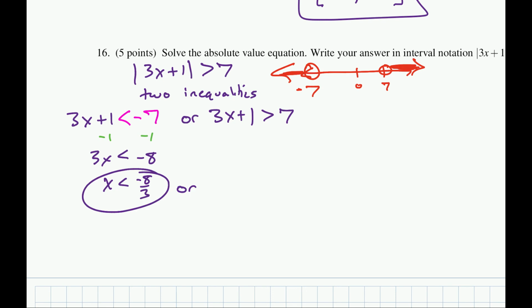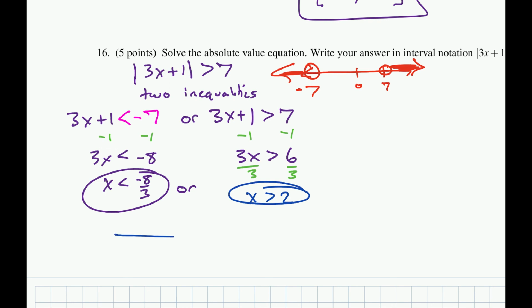Or solve the other one. Minus 1, 3x greater than 7 minus 1 is going to be 6. We should divide both sides by 3. x greater than 6 over 3 is 2. So there's your other solution.